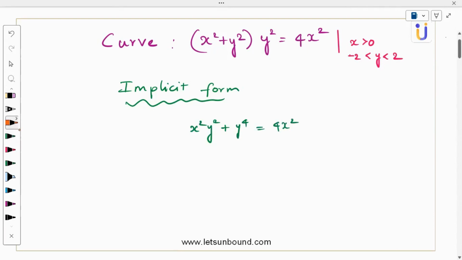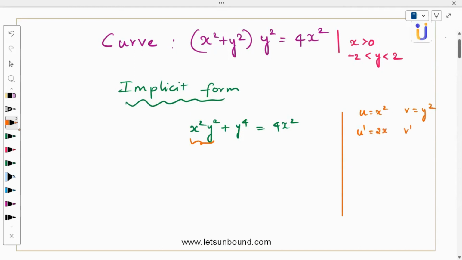Let me differentiate. This will come under the UV method. What does the UV method say? U is x², V is y². What is U dash? Here, y is a function of x, right? So U dash is simple, it's 2x, since I'm differentiating with respect to x.